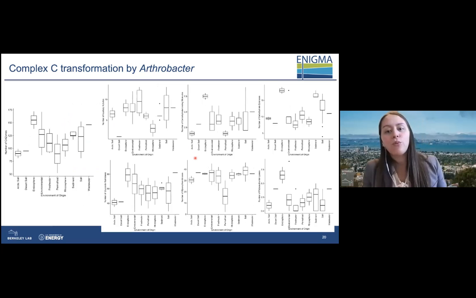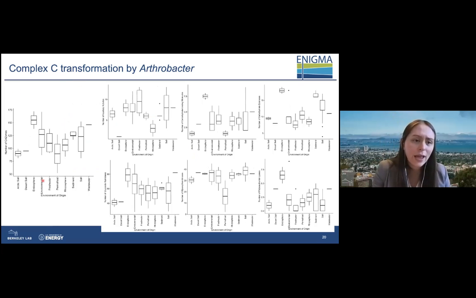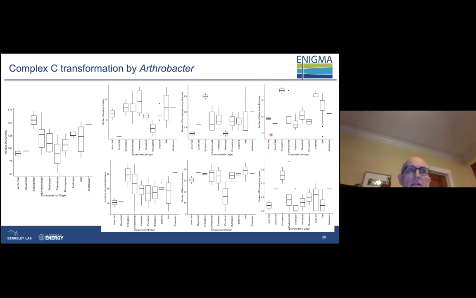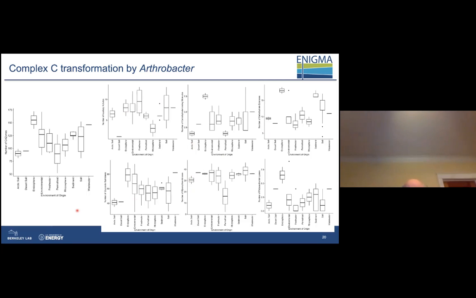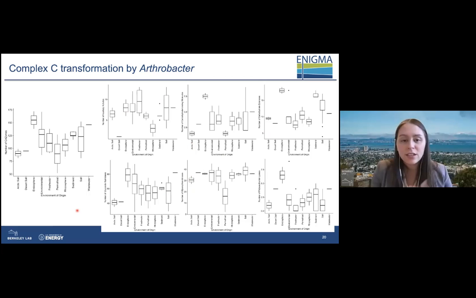But to start with, we first looked at just the amount of carbohydrate active enzymes in all of these different isolates. And so first here on the left, we have our total number of CAZy enzymes, the carbohydrate active enzymes. And then we also broke it down through the different categories, including those carbohydrate esterases, the glycosyl transferases, and things like that. And we did also run statistical analyses on these using just ANOVA.